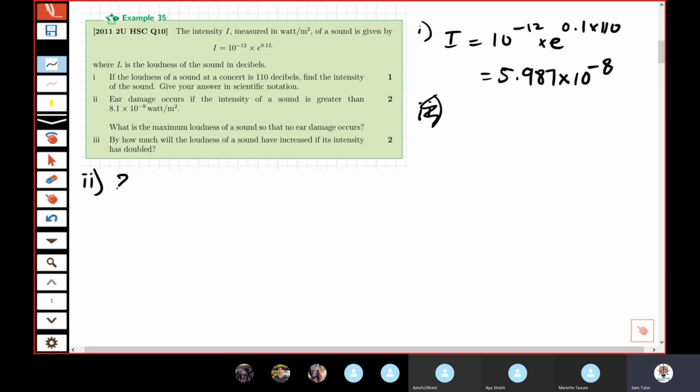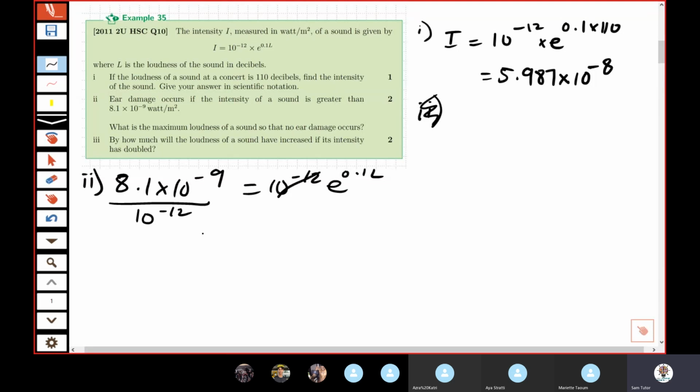I is 8.1, so you just write 8.1 times 10 to the power of negative 9 equals 10 to the power of negative 12 times e to the power of 0.1 L. All right, I'm trying to solve for L. What's the first thing you would get rid of? 10 to the negative 12. You divide that by 10 to the negative 12.